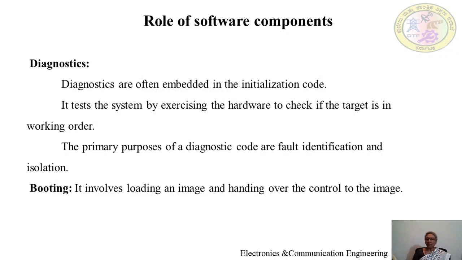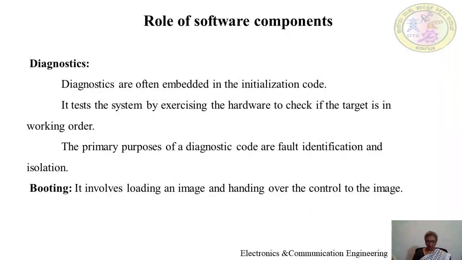It is a testing software. It tests the system by exercising or operating the hardware to check if the target is in working order. When a diagnostic code is run, its primary purpose is to identify if there is any fault and isolate that fault.